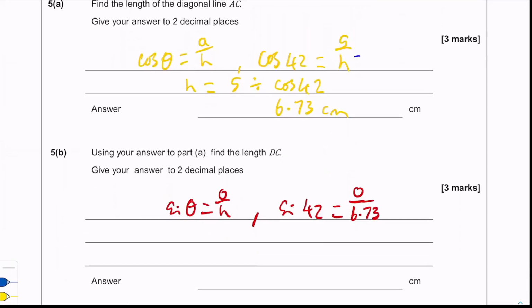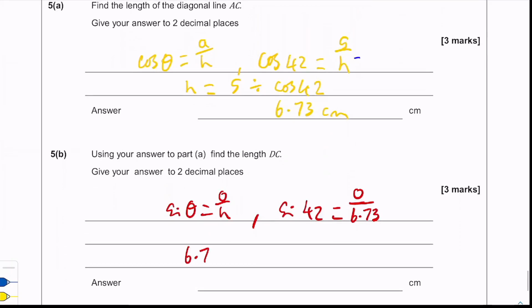We then just need to rearrange, so we have 6.73 times sine 42 is equal to our opposite, and then we put this into our calculator. Times by sine of 42, and that gets us 4.503. So to 2 decimal places we get 4.50 centimetres as our final answer for part B.